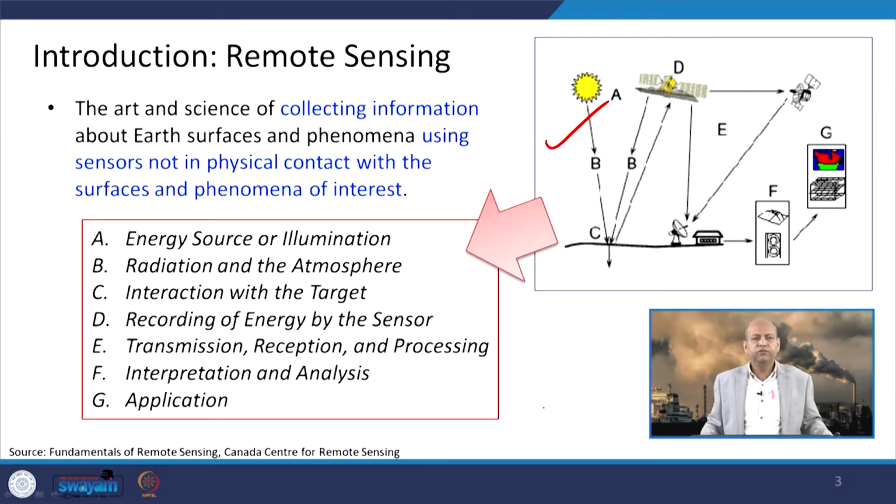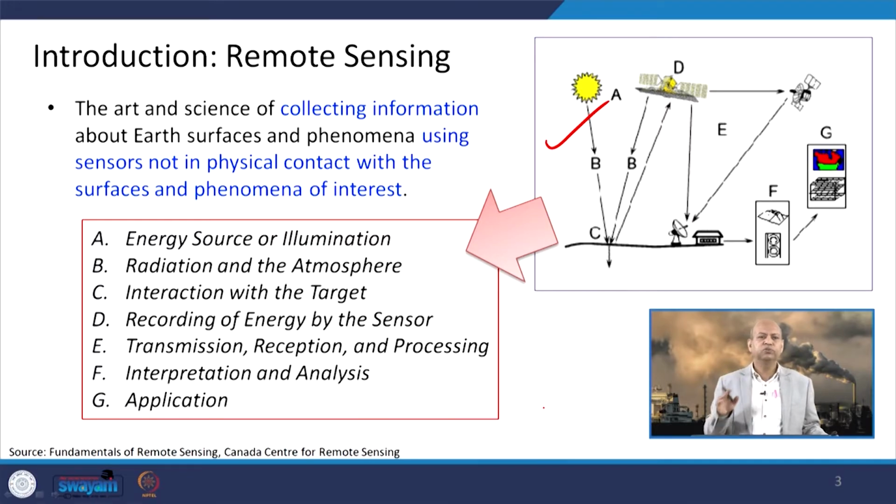When we go for the introduction of remote sensing, remote sensing itself is an art and science of collecting information about the earth's surface. There are so many features of the earth's surface and various phenomena, like atmospheric phenomena or water sets, air sets, etc. But today's lecture is basically concentrated on atmospheric constituents based on remote sensing data.